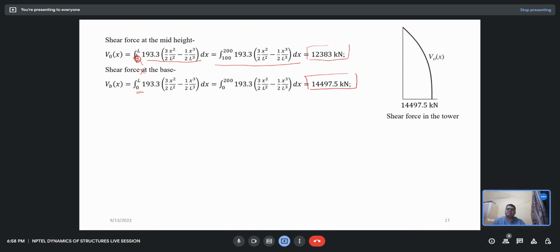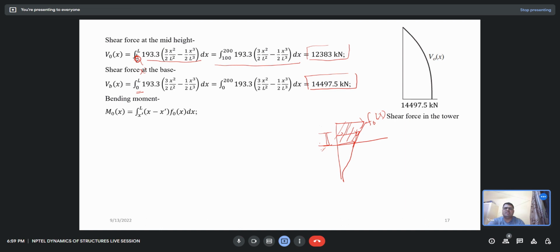Now, if you want to calculate the bending moment, this is your force f naught x. If you want to calculate the bending moment at this location, then this total load multiplied by the distance of its center, since we are doing the integral, gives the moment.